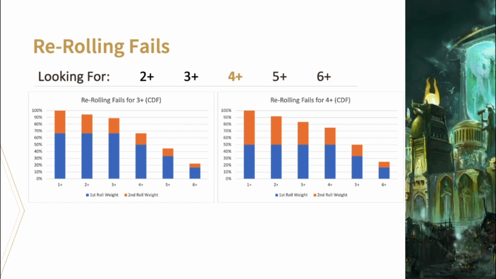So if you're comparing the chart to the left for the 1 plus, 2 plus, 3 plus columns versus the chart on the right's same columns, you'll see that it actually outperforms. But when you flip it, so looking at the 4 plus, 5 plus, and 6 plus columns, comparing them between the two graphs, you're going to see that the right-hand graph, that for the 4 plus rerolling fails, is actually stronger. Well, why is this?